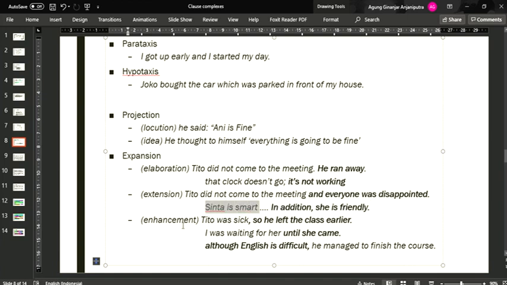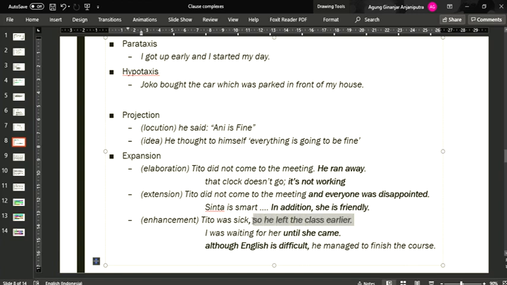And enhancement, the clause gives circumstantial information, like temporal, about time, for example, cause and effect. It can also be conditional. For example, Tito was sick, so he left the class earlier.